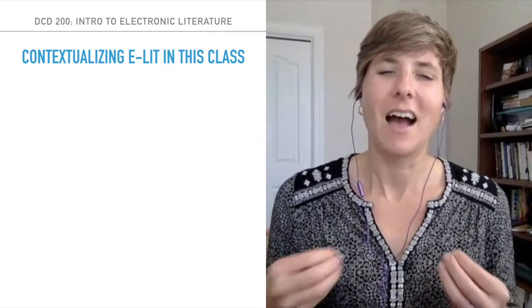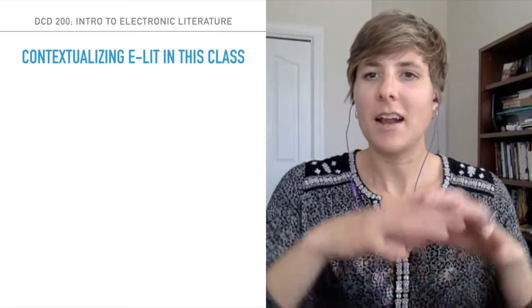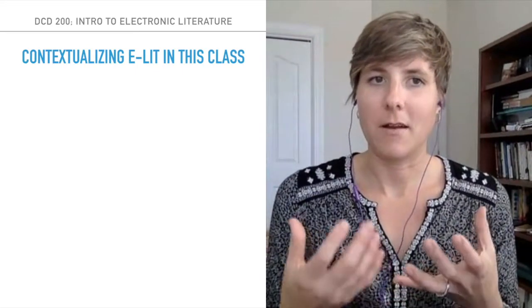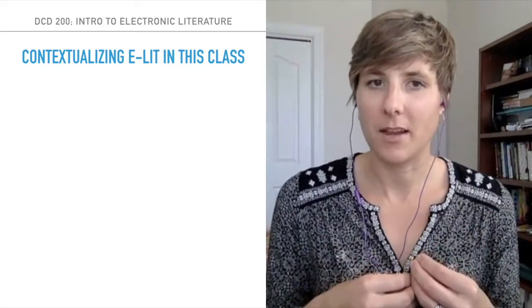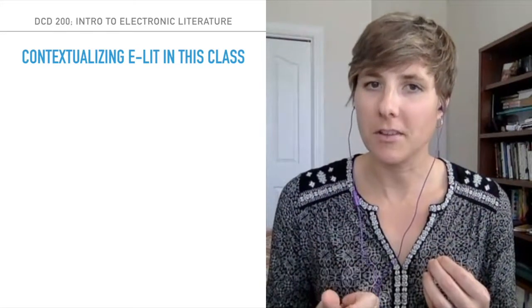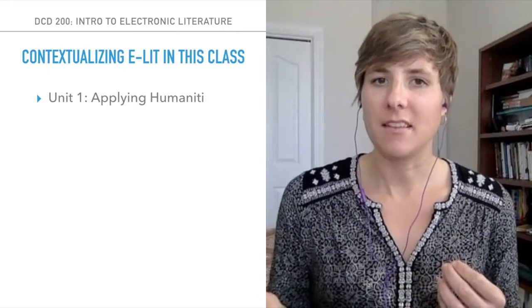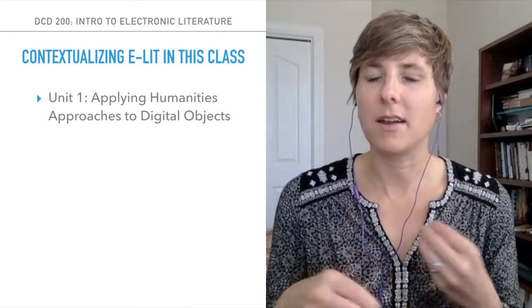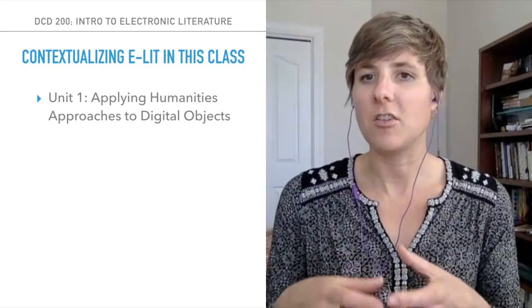This is the spring. This class has been organized around 3 models of digital humanities work. The first model, in our first unit, was applying humanities methods, humanities approaches, humanities concerns, and bringing that to digital objects.